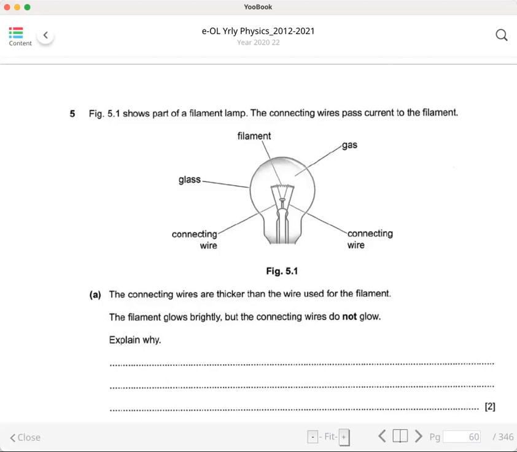You actually explain why the filament glows brightly, but you did not explain why the connecting wire does not glow. Okay, I think I can give you 2 marks for your answer.